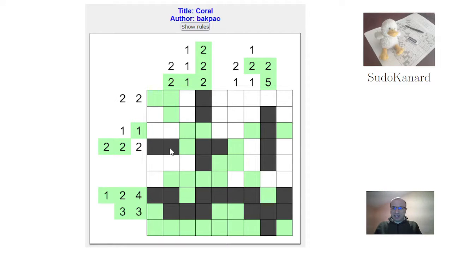Oh, here is something interesting. This part must join the rest of the shaded cells. It could be here, it could be here, but it can't be both because it would create a 2x2 square. But what is certain is that this is not connected to this part, because there again it would create a 2x2 block.